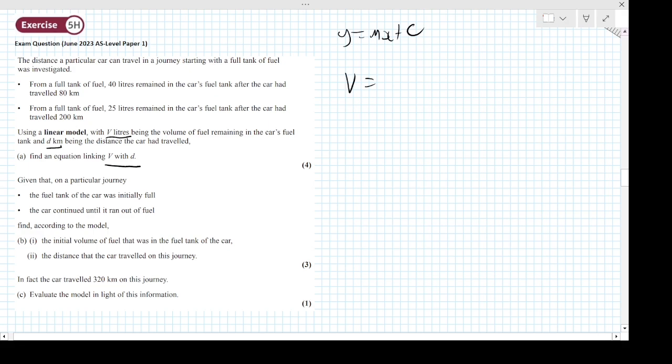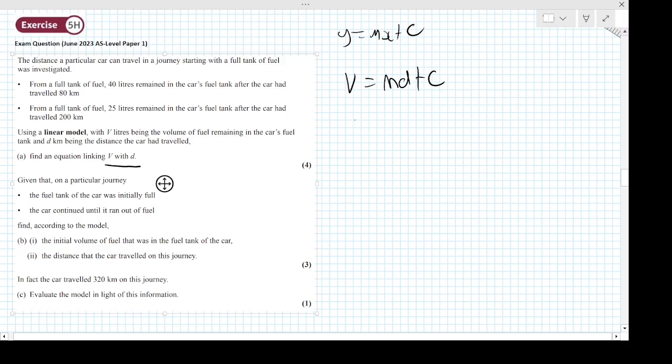And so if it's with D, that means it's going to be MD plus C. But again, M's our gradient and C's sort of a V-intercept, not the Y-intercept, the V-intercept. Also, the volume of fuel is going down after the car travels so far, so the volume of fuel is dependent on how much the car's travelled. So yeah, that'll be Y as well.